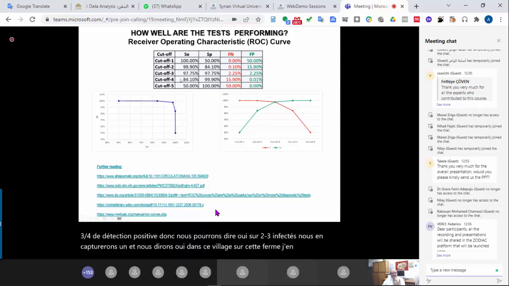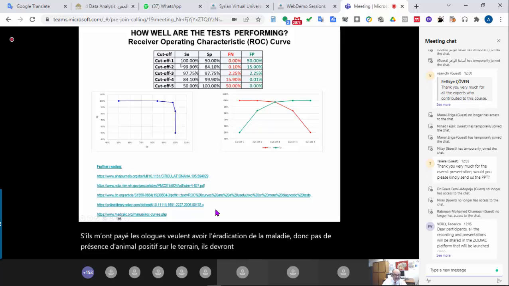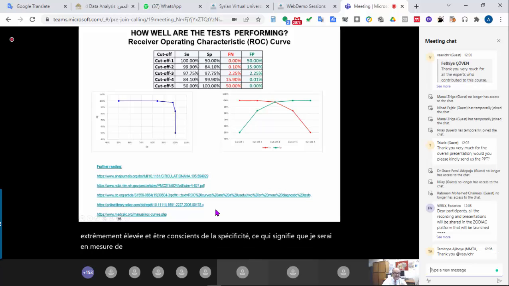But if the epidemiologist actually wants to have eradication of the disease, so no presence of positive animal in the field, they will need to consider extremely high sensitivity and be aware of the specificity, which means I will be able to detect 100% of the sick animals.